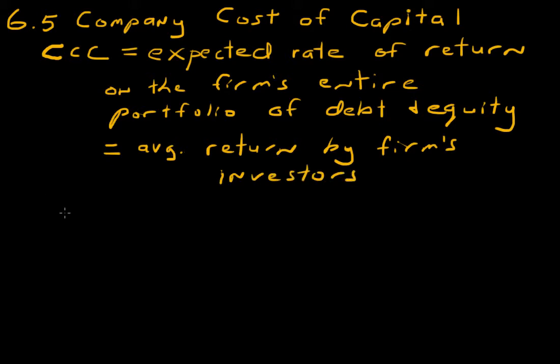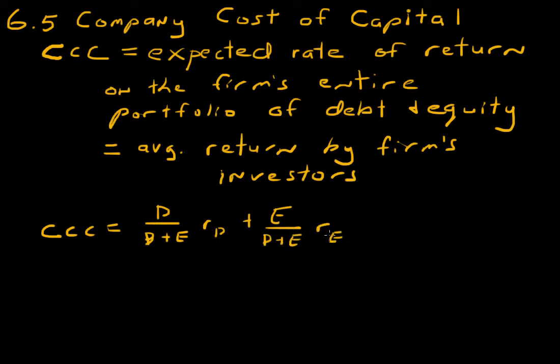Now for the more explicit formula, the calculation would be a weighted average of the capital structure. Recall that the company is financed by both debt and equity, so the value of the firm is D plus E. We could take the debt share of the company, multiply it by the rate of return received by debt holders, and then add that to what is being received by the equity holders.